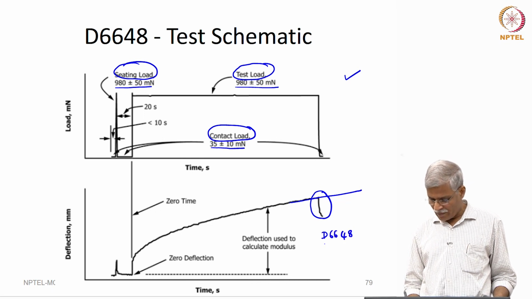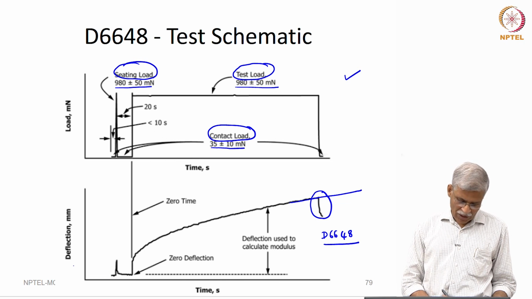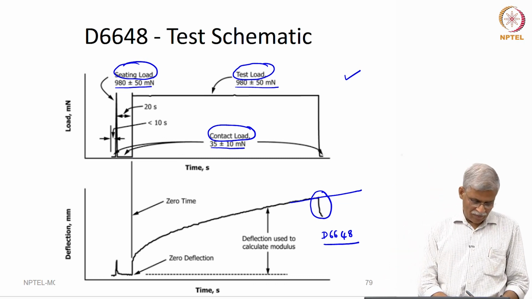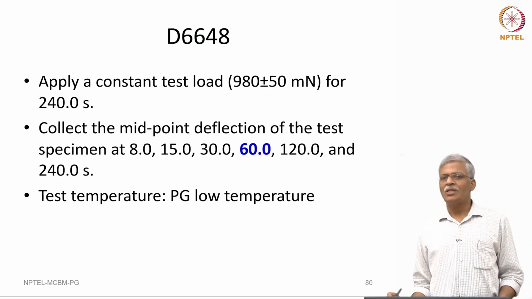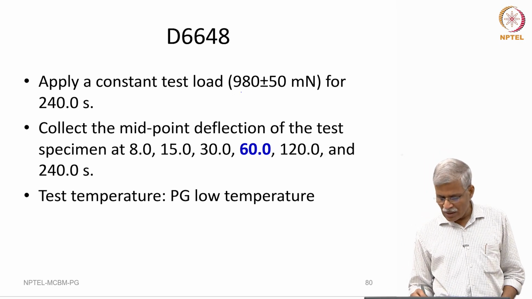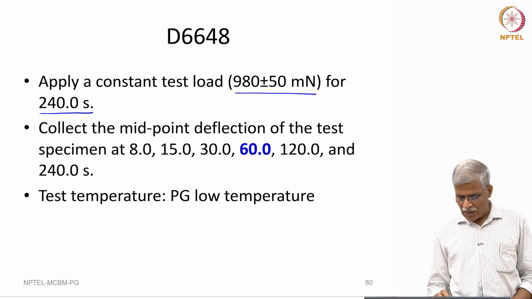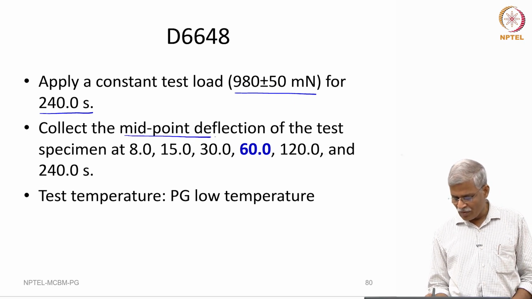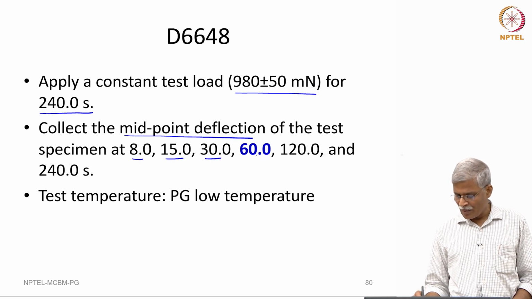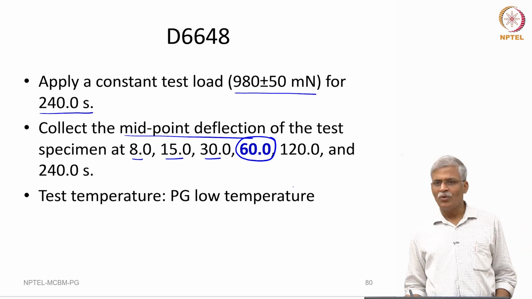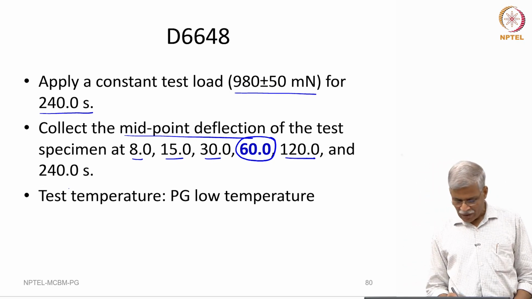This is going to be the deflection, this is taken as the 0 time, and this is how the deformation is going to increase. The first and foremost thing is to apply a constant test load of this much for 240 seconds, and we will collect the midpoint deflection of the test specimen at some select time intervals, and I have made this slightly different, 120 second and 240 second.